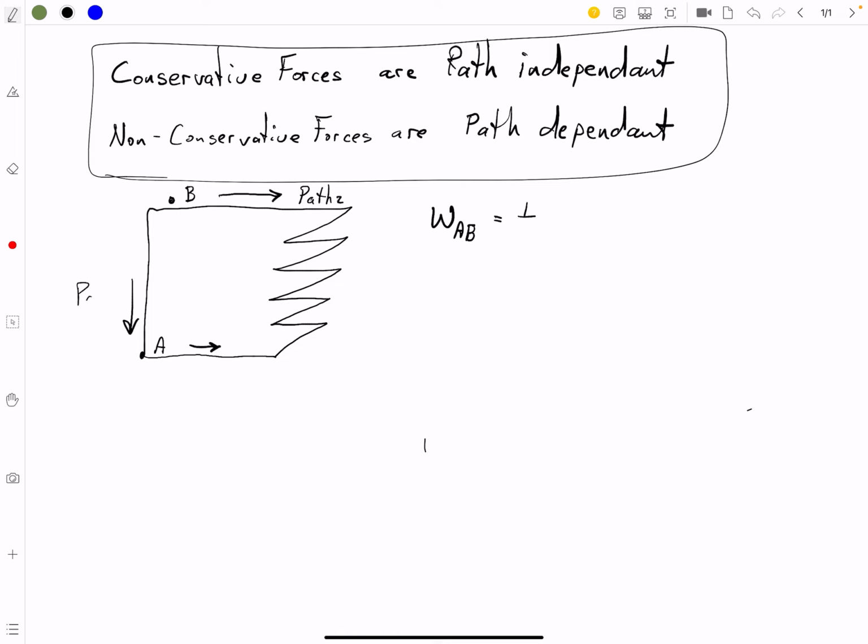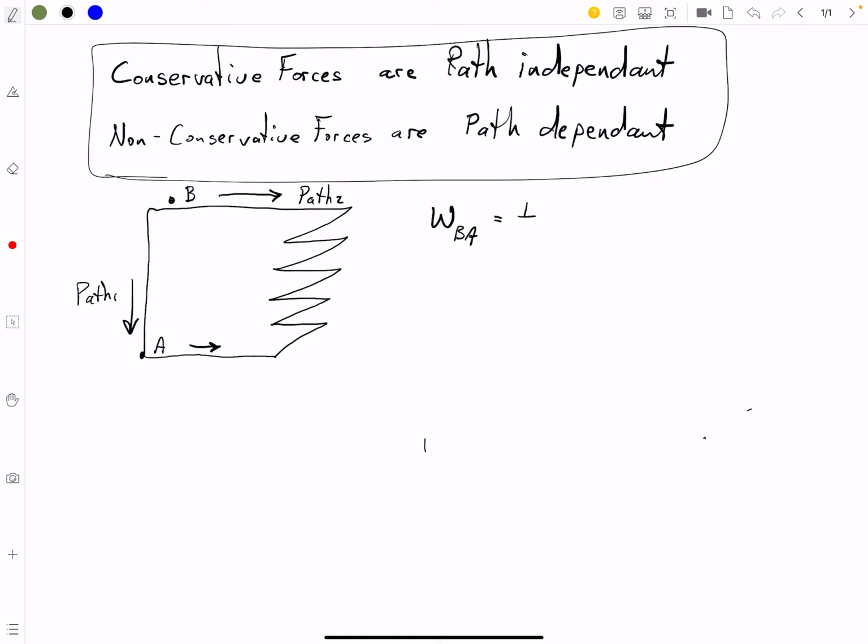This is path 1. Okay. So we were going to go from A to B. Actually, we're not going from A to B. We're going from B to A. And we're allowing gravity to do it.